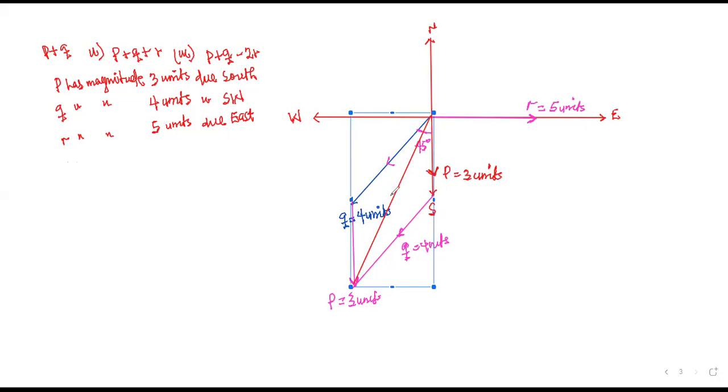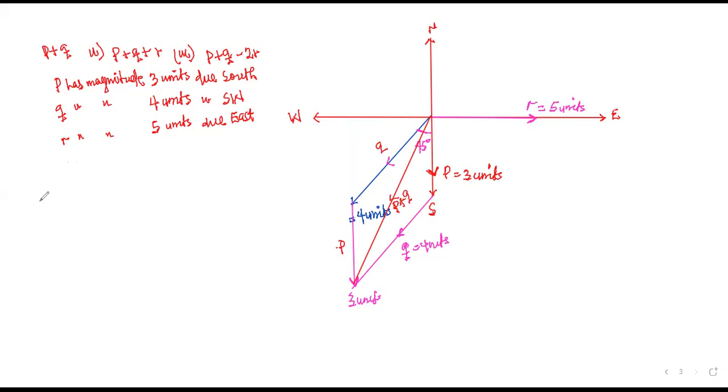This is Q. This is also P. So by the triangular law of vector addition, this is P plus Q. So P plus Q is the resultant.